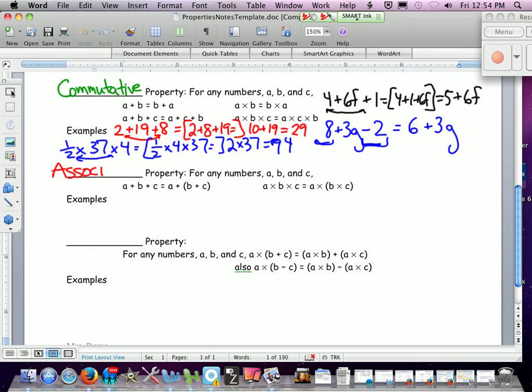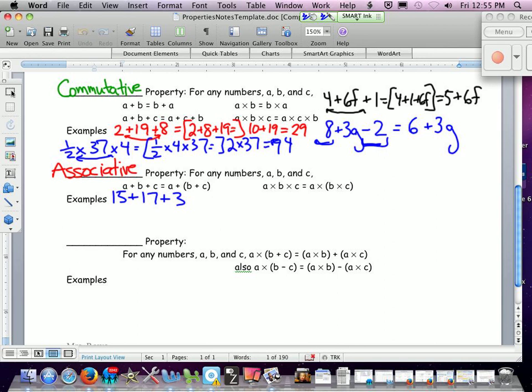So if I have three numbers, or a lot of numbers, whatever it might be, instead of partnering them up the way you initially wrote it, I'm partnering them up differently. That's the associative property. For some examples, we have 15 plus 17 plus 3. If I'm doing it left to right, like order of operations tells me I'm supposed to, I'm going to do 15 plus 17 first.